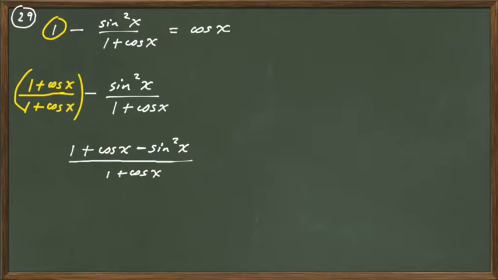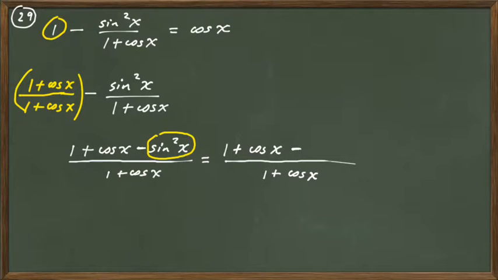Let's see what we could do some replacements with. I have 1 plus cosine, it's divided by that, but there's more to it. You still have minus. What might I replace sine squared with? Because whenever you subtract, you use parentheses. Could sine squared be 1 minus cosine squared, as we found on the previous problems?